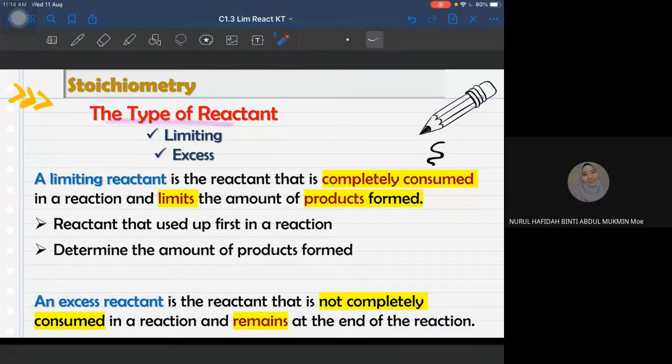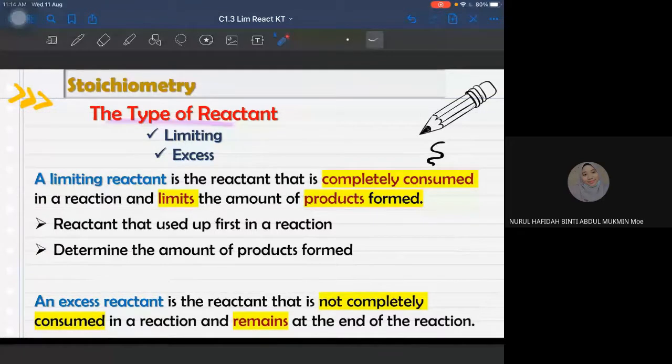Okay, so let's have a look at the definition. A limiting reactant is the reactant that is completely consumed. Maksudnya apa? Bila berlaku reaction, dia yang habis. Okay, habis digunakan, and which means dia akan limit the amount of product form. So bila dia dah habis, that reactant dah completely consumed, no more product will be formed.